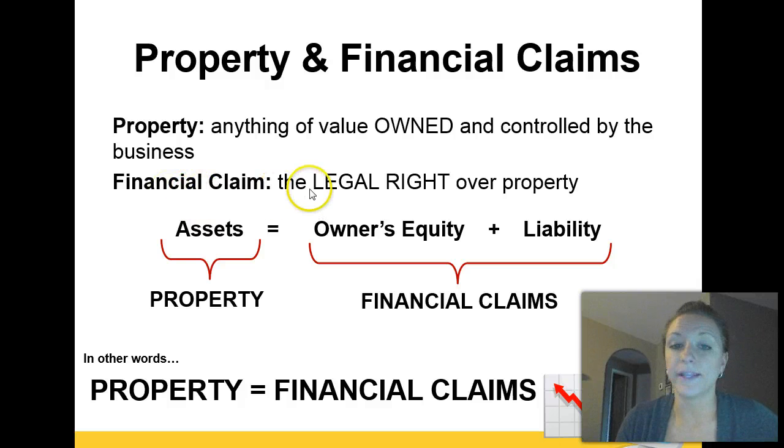And then financial claim is the legal right over your property. So our owner's equity plus our liability are considered our financial claims. So even if we still owe money on the car that we took a loan for, we still have financial claim over that property. In other words, property equals financial claims.